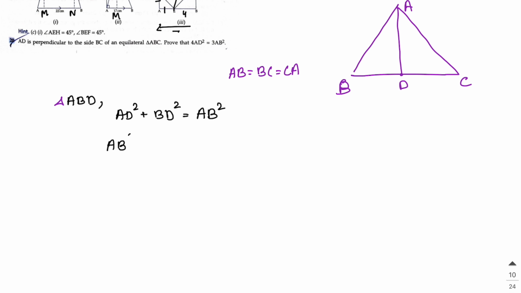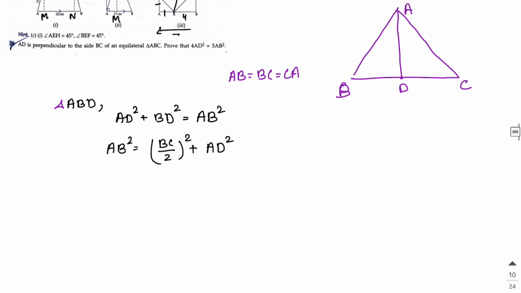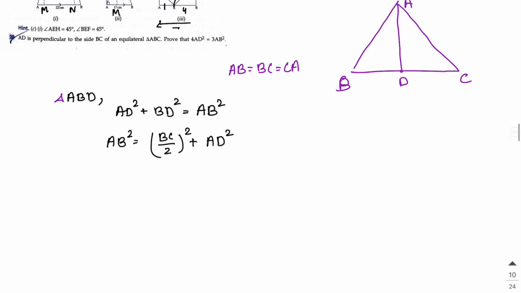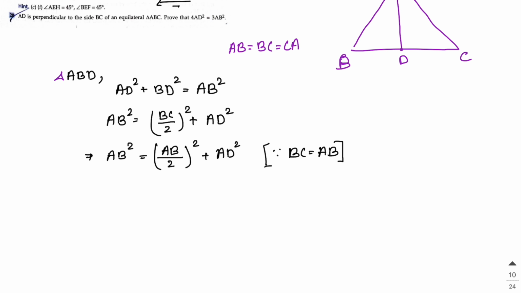So here AB square equal to BC by 2 whole square plus AD square. Now in the place of BC, you can also write down AB, because BC is equal to AB. So here AB square equal to AB by 2 whole square plus AD square.